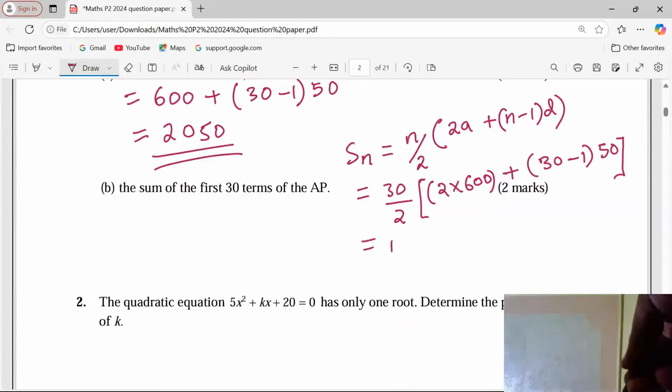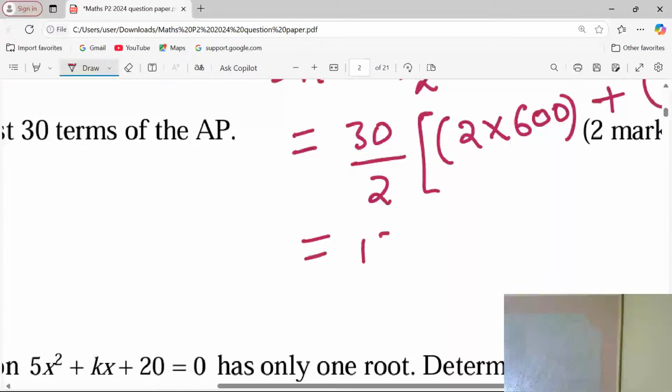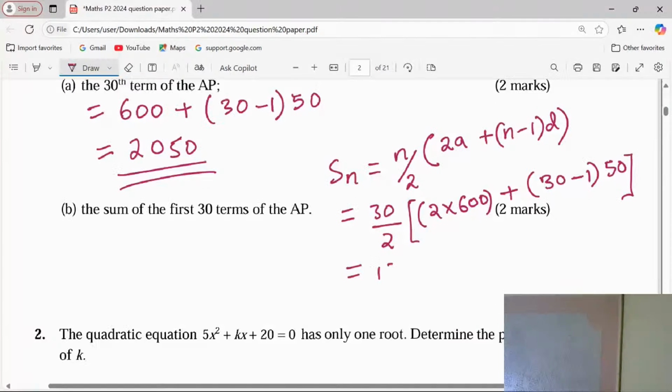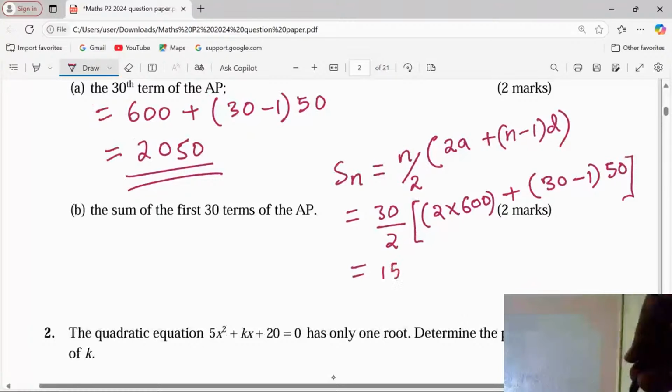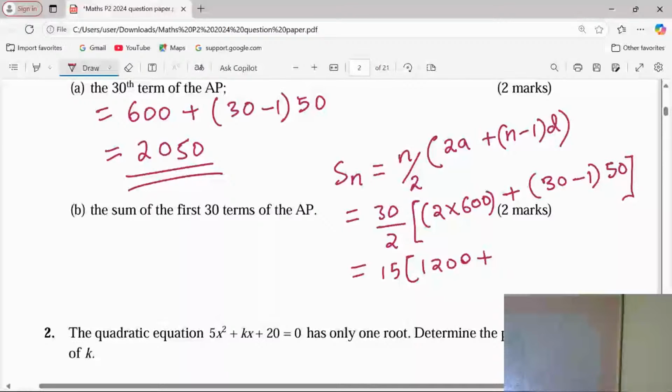So this will be 15 into 1200 plus, now when I take 29 by 50, then I'm getting 1450.